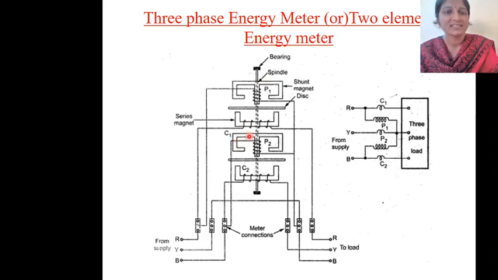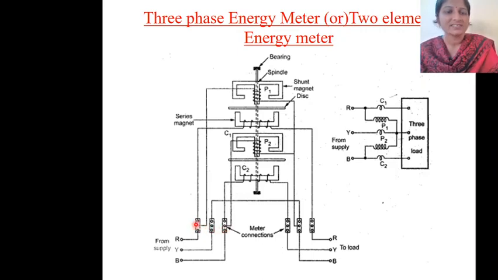Likewise, there is another element consisting of one shunt magnet and one series magnet. On the series magnet there is current coil C2, and on the shunt magnet there is pressure coil P2, and here P1 and C1. Observe here, this is the R phase, Y phase and B phase.